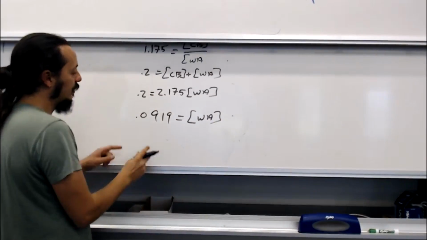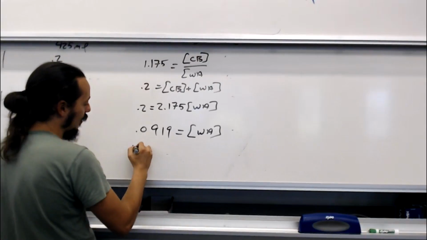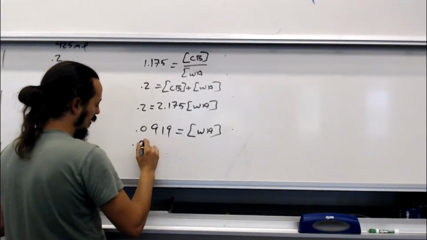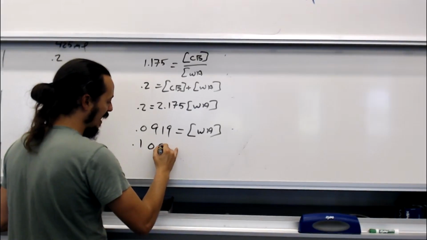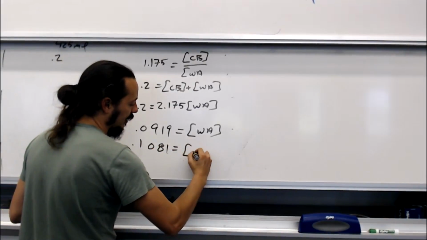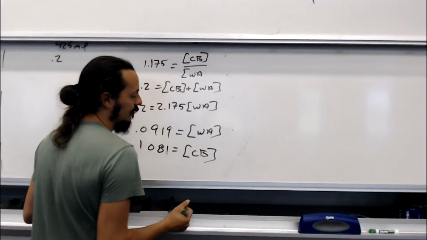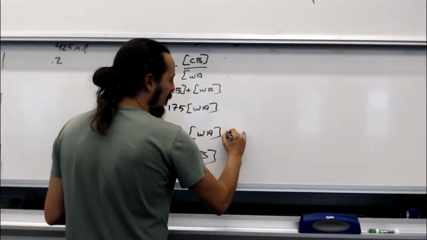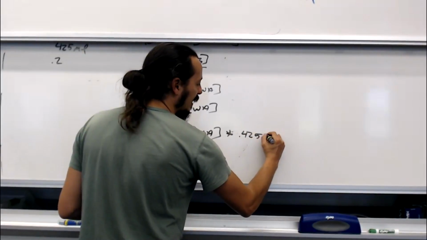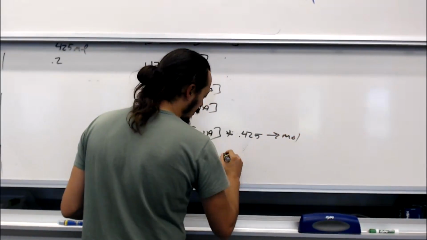And then you're going to do that minus that. You're going to get 0.1081 equals the concentration of conjugate base. Am I good so far? Multiply by 0.425 to get your moles.